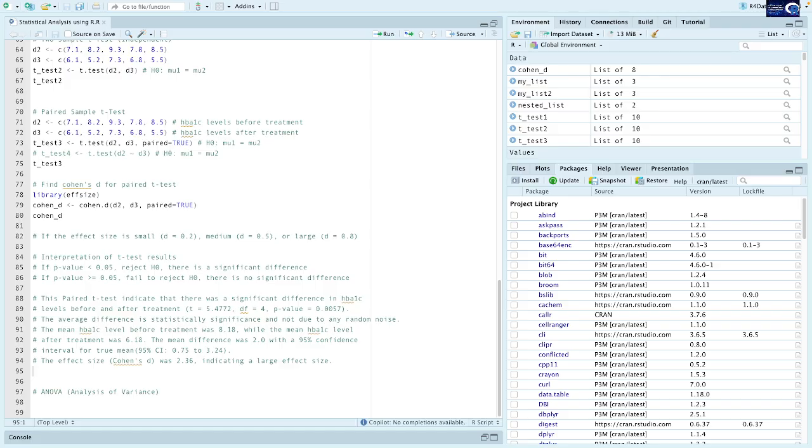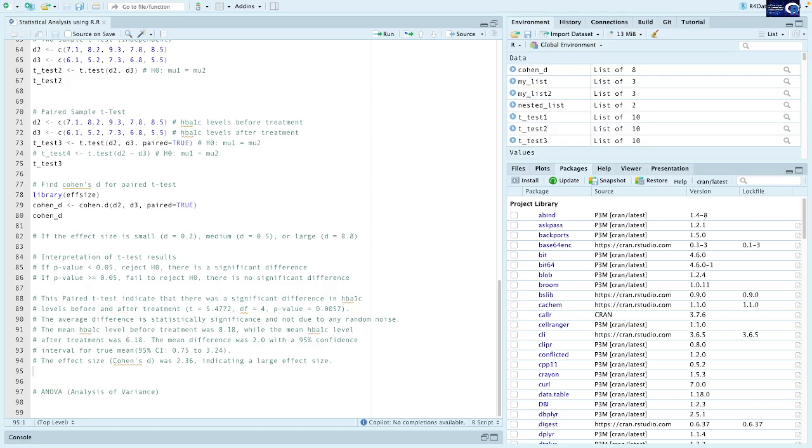And the chi-square test for homogeneity checks whether different populations have the same distribution of a categorical variable. For example, do different regions have the same preference distribution or something like that?